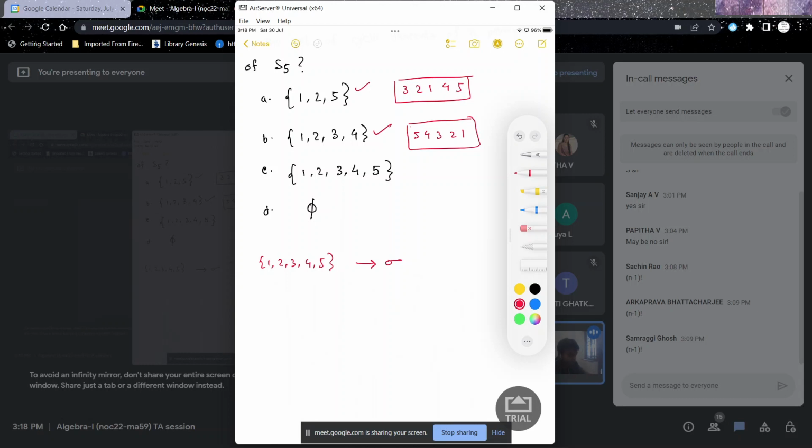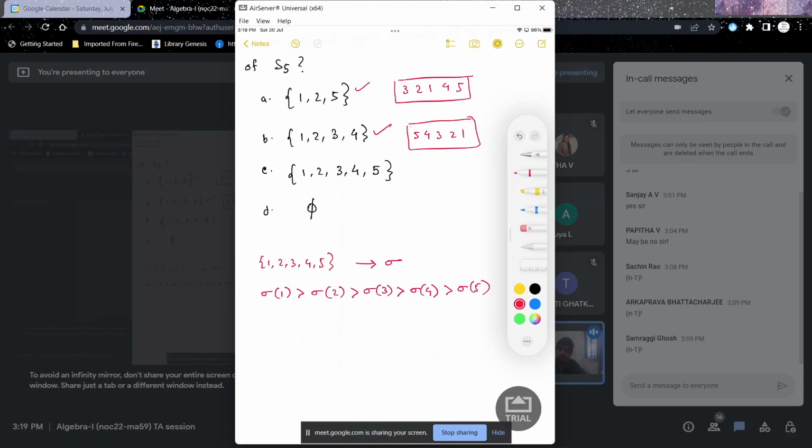Because if sigma has as its set of cyclic descents 1, 2, 3, 4, 5, then clearly sigma of 1 is strictly greater than sigma of 2. Sigma of 2 is strictly greater than sigma of 3. Sigma of 3 is strictly greater than sigma of 4, because 3 is a cyclic descent. Again, sigma of 4 should be strictly greater than sigma of 5 because 4 is a cyclic descent.